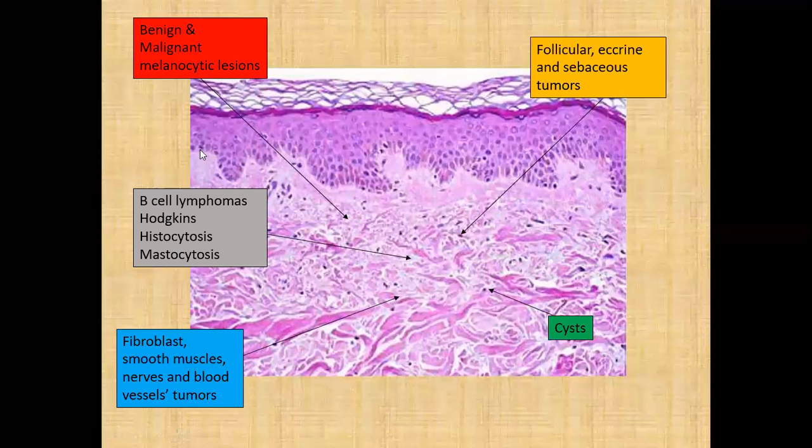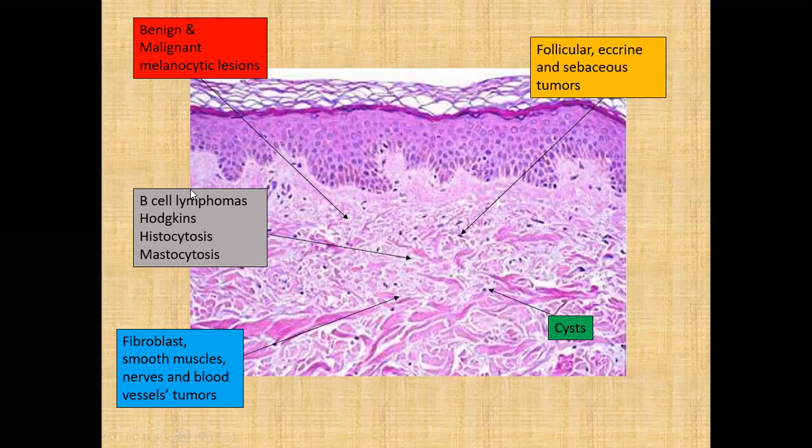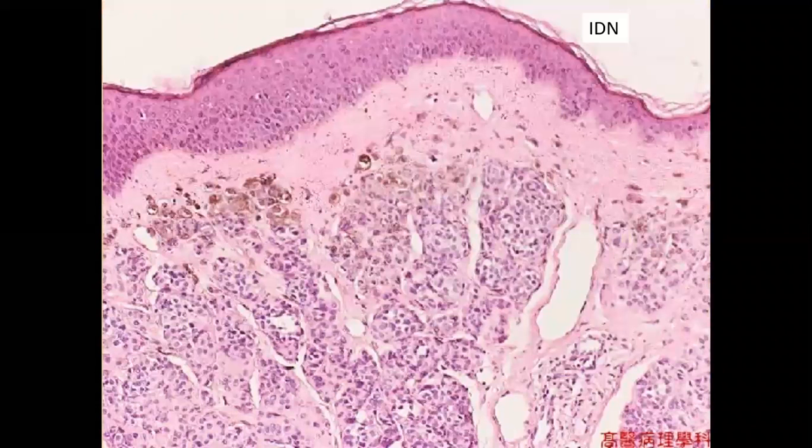They can be benign or malignant melanocytic lesions. They can be B-cell lymphomas, Hodgkin's lymphomas, histiocytosis, and mastocytosis. There can be fibroblast tumors, smooth muscle tumors, nerve and blood vessel tumors, also from the dermis. Then we can see follicular, eccrine, and sebaceous tumors within the dermis, and different kinds of cysts. So all these kinds of tumors will be present within the dermis.